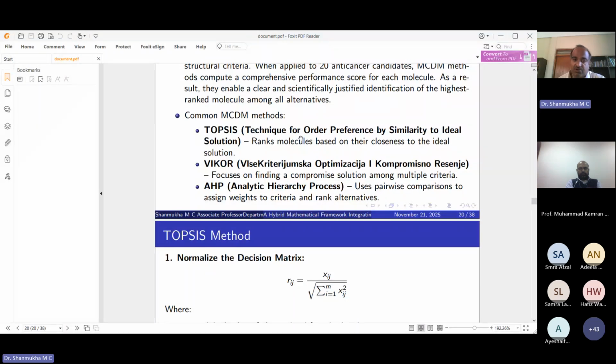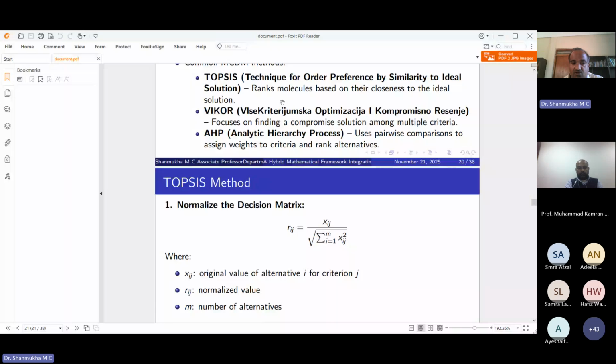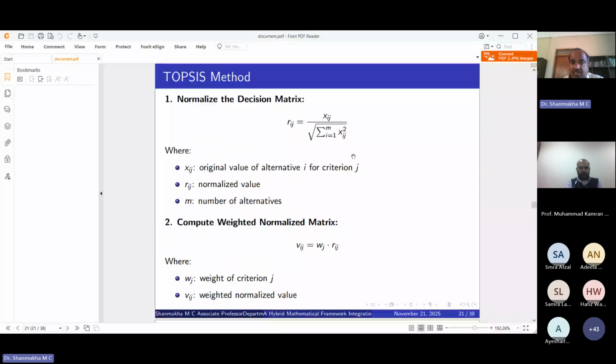Now we move on to the first MCDM method called TOPSIS. The steps involved in the TOPSIS method: the first one is normalize the decision matrix. Here Rij is equal to Xij upon the square root of the summation of Xij whole square, where the summation i varies from 1 to m.